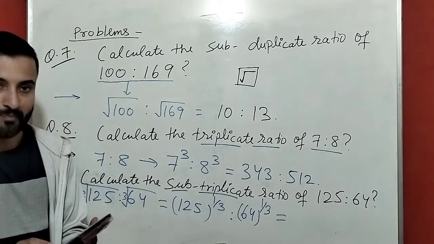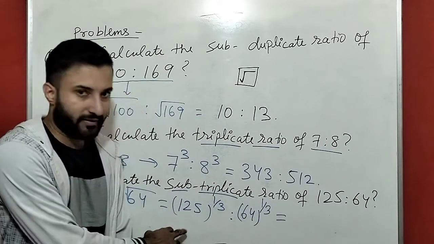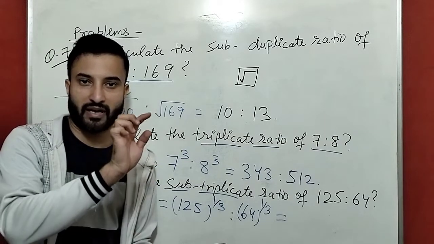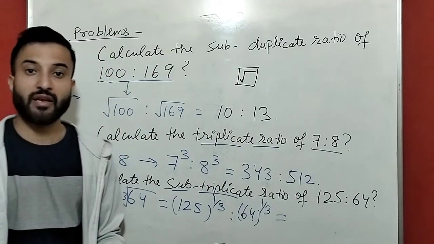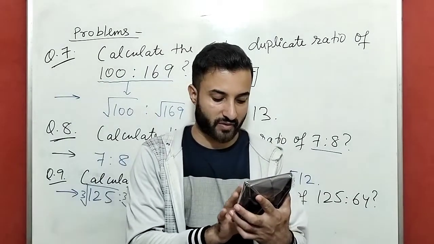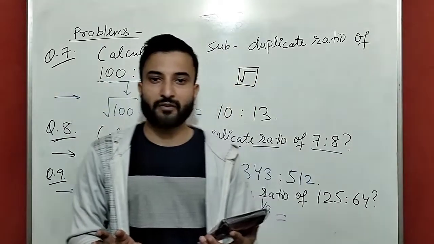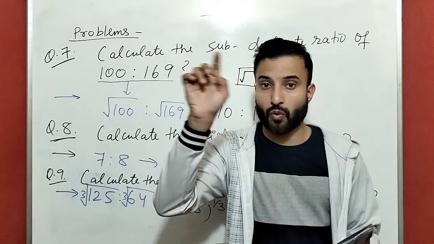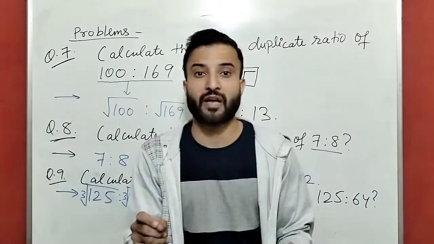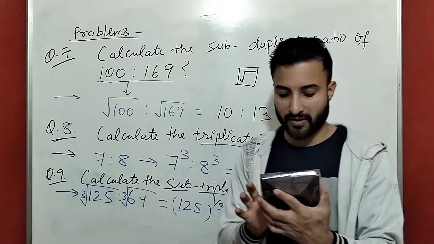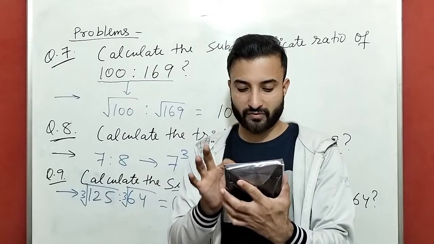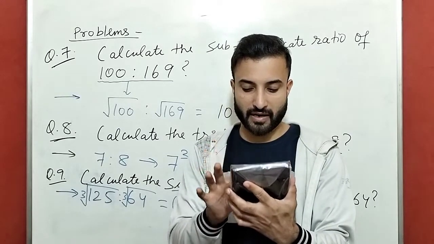So I will write the number in the calculator, 125. Then I am going to press the square root button 12 times, as I have shown in the calculator trick video. 1, 2, 3, 4, 5, 6, 7, 8, 9, 10, 11, 12.